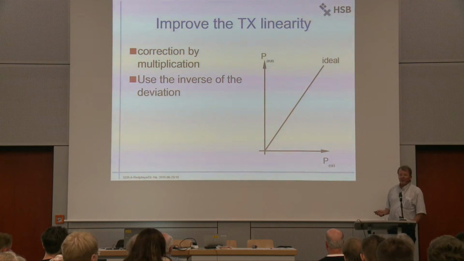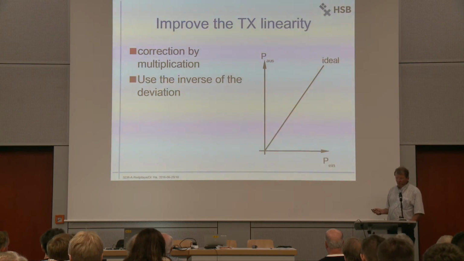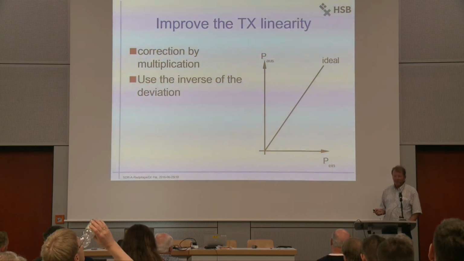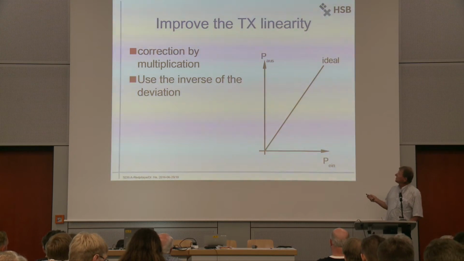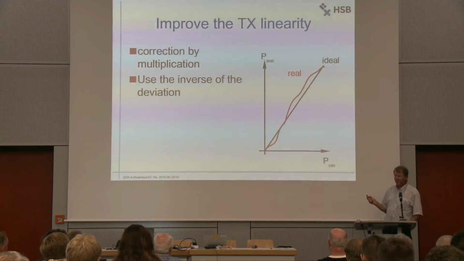Let us have a short view on the improvement of transmitter linearity. You see, this is the ideal input to output transfer curve. And everybody who has made a linear amplifier knows that this is not the truth. The truth looks like this one.